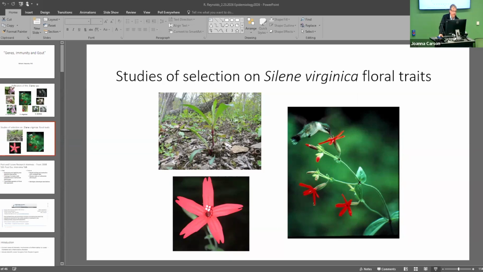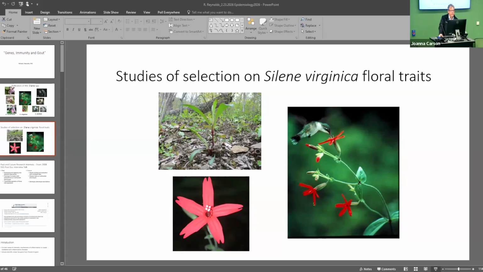Gout is a fairly significant public health problem. Its prevalence is 4% or so of adults. It's more common in males than females. Females don't really get it until menopause or older.